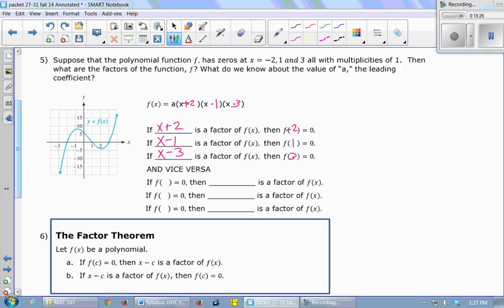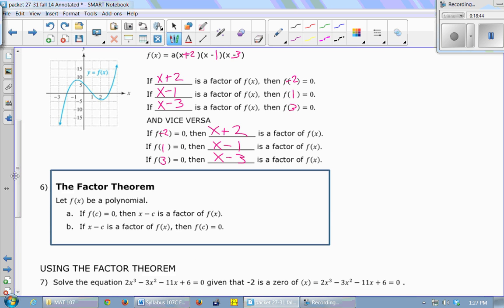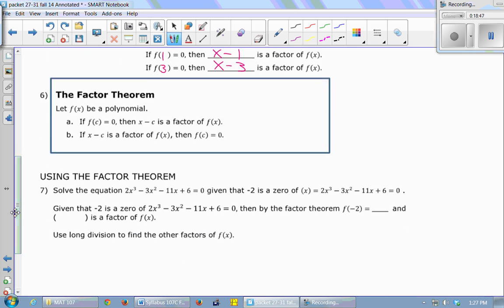All right, this is getting a little redundant. I think you get what I'm trying to say here. If you know the zeros, you know the factors. If you know the factors, you know the zeros. So if f of x is a polynomial, if f of c equals 0, x minus c is a factor. And if x minus c is a factor, then f of c equals 0.